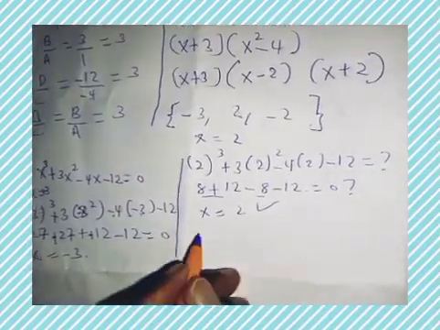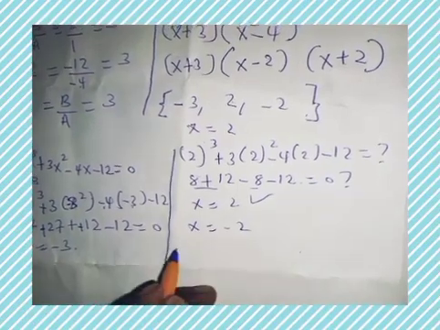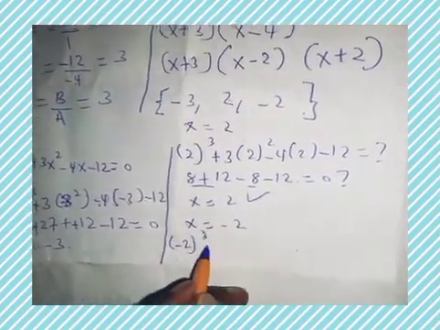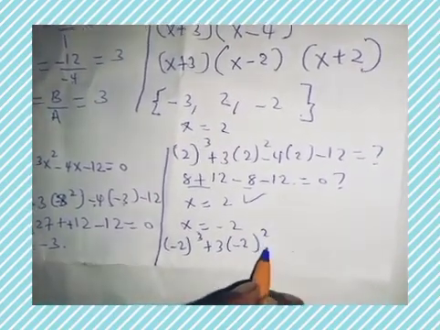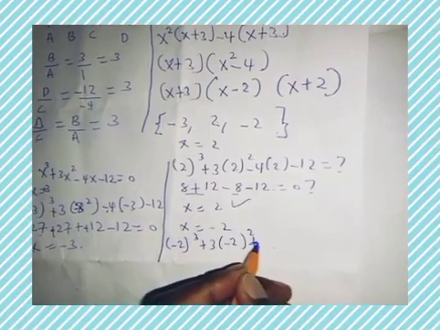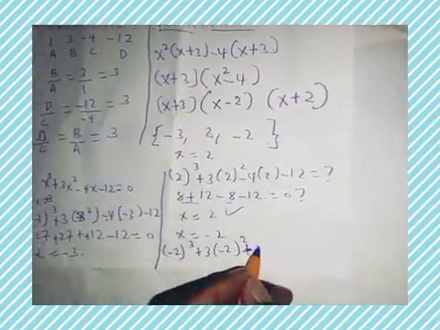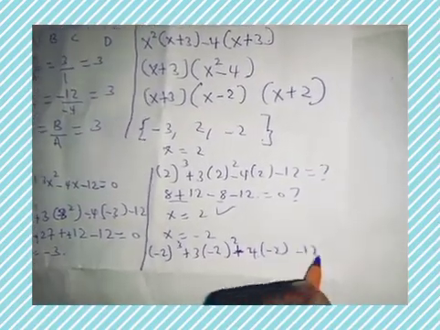Finally, x is equal to -2. So you have -2 cubic plus 3 into bracket -2 squared minus 4 into bracket -2 minus 12.